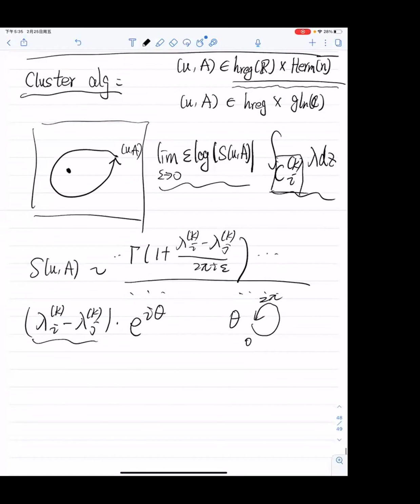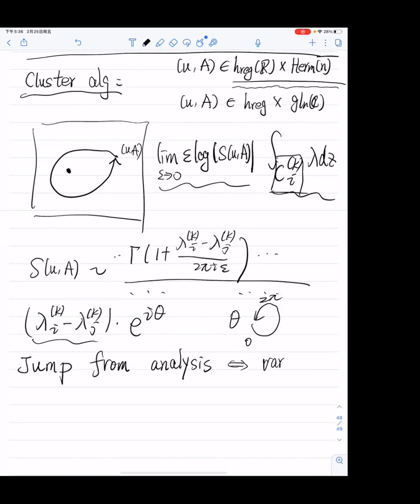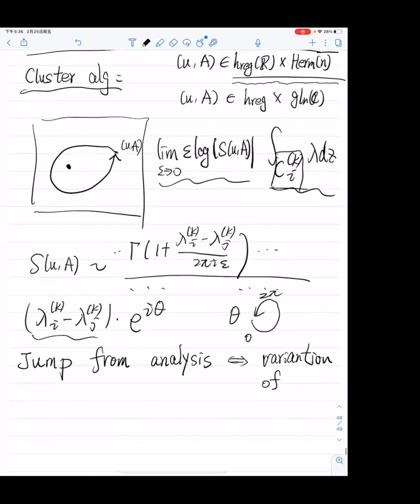And we see this jump simply from analysis, like from the asymptotics of the gamma function, which is not uniform. So this jump from analysis should match with a variation of Hodge structure.